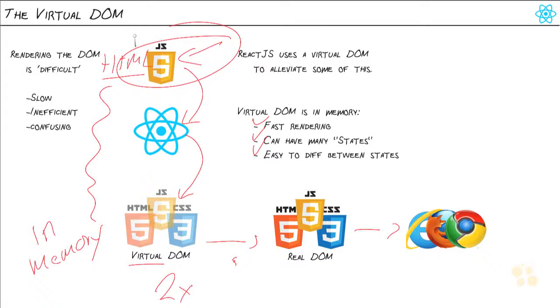But here's where I think React is different. I think jQuery didn't go far enough. React said, you know what? We are going to do all of our DOM rendering inside of JavaScript. Forget about HTML entirely. JavaScript is now our DOM rendering language, which means you start and end in JavaScript and you don't even worry about the HTML.